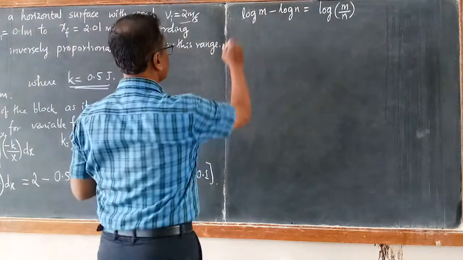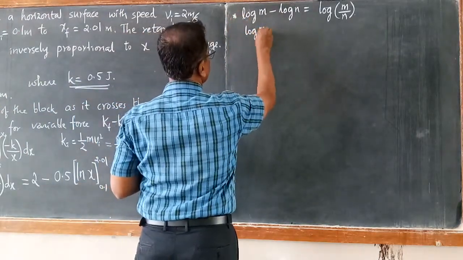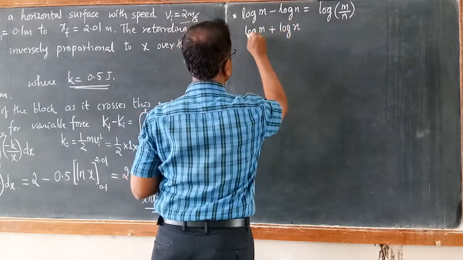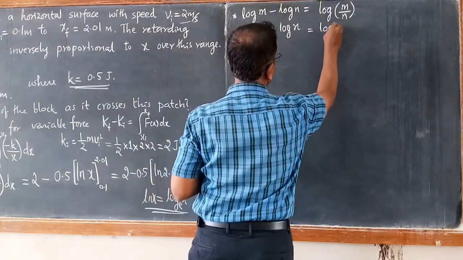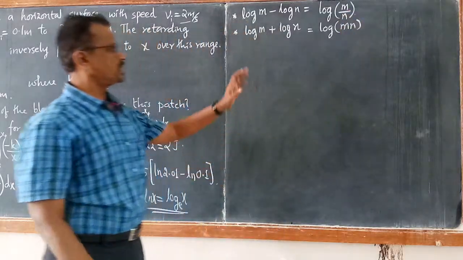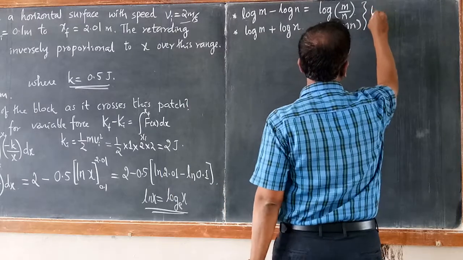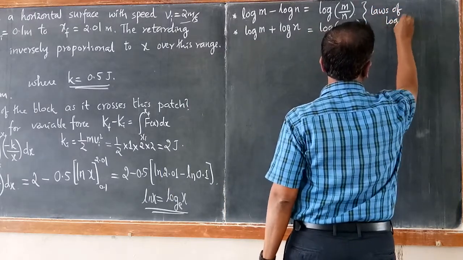Similarly, you are getting one more relation, this is the second one: log m plus log n is equal to log of the product, log mn. So these are the laws of logarithm.